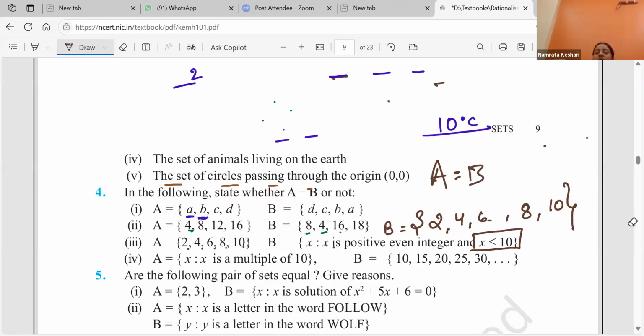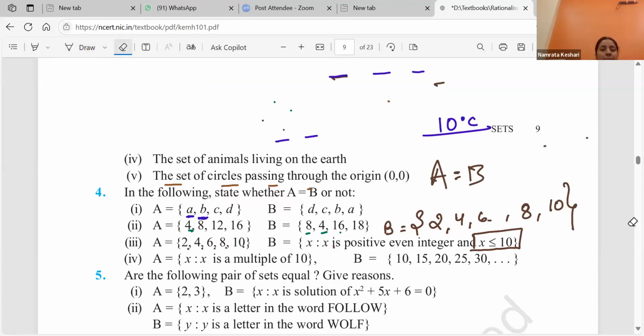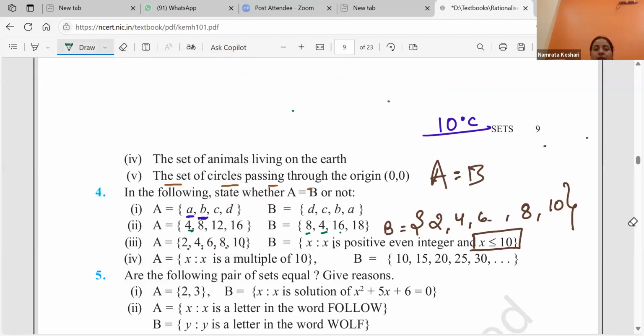Okay. Next, again, one of them is given in set builder form, another in roster form. Let's write it. A is the set of all x such that x is a multiple of 10. Now multiples of 10 are infinite. 1 times 10, 2 times 20, 3 times 30, 4 times 40, 5 times 50, 6 times 60.